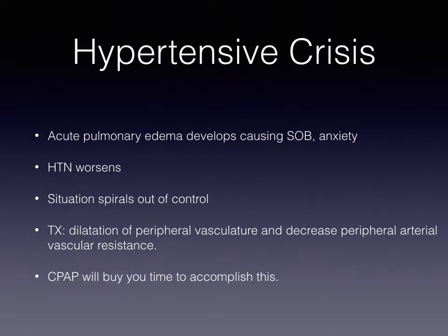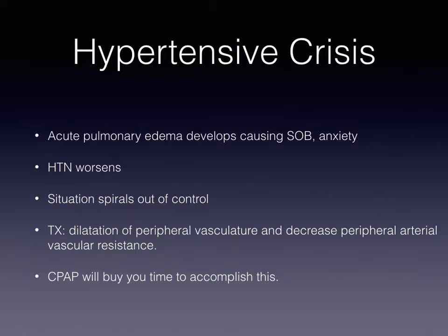Okay, what happens here is the patient goes to bed, they lay flat. Instead of gravity pulling all of that blood and fluid down to their feet, the blood returns back to the heart because the patient is laying flat in bed. And the heart cannot pump out that blood adequately, and it starts to back up.